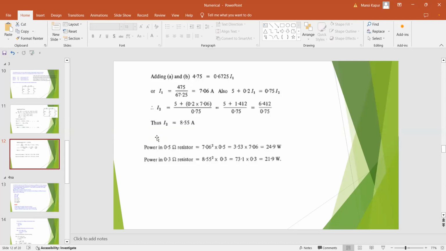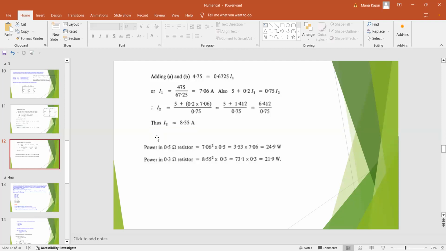Okay. Then power in the 0.5 ohm resistor. That they are asking in the question, right? What is the power in the 0.5 ohm resistor? So P equal to VI, or I square R. Power is equal to I square R, right?